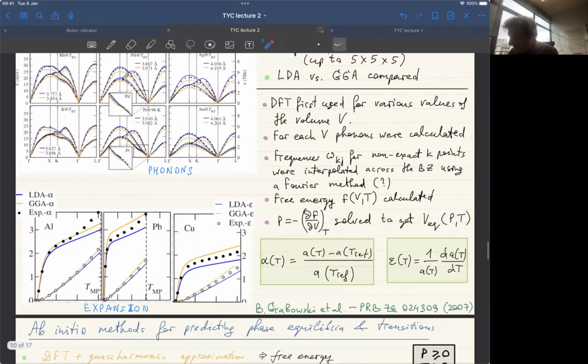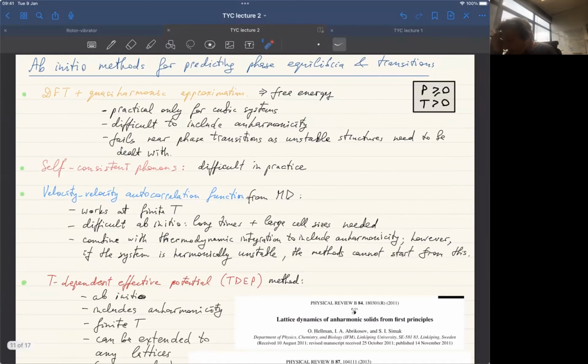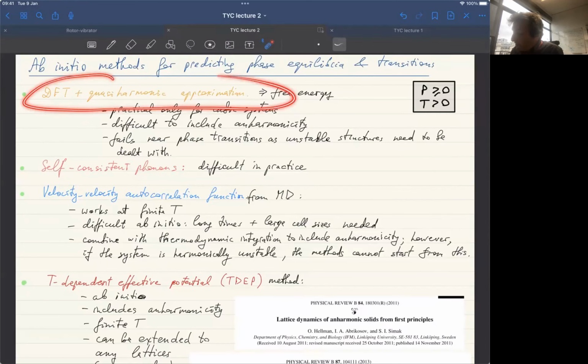So what are the methods? Let's just have a look again at the situation. So we have DFT plus quasi-harmonic approximation, which gives access to the free energy via this quasi-harmonic expression of the free energy due to vibrations, as we discussed so far. But this method is, as I explained to you, practical only for cubic systems.